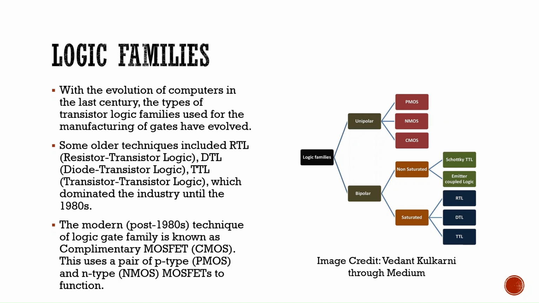We also have the ECL, which is emitter coupled logic, which is pretty fast by the standards of the 1980s industry. The modern or post 1980s technique of logic families is known as complementary MOSFETs or CMOS. This uses a pair of P type PMOS and N type NMOS MOSFETs to function.